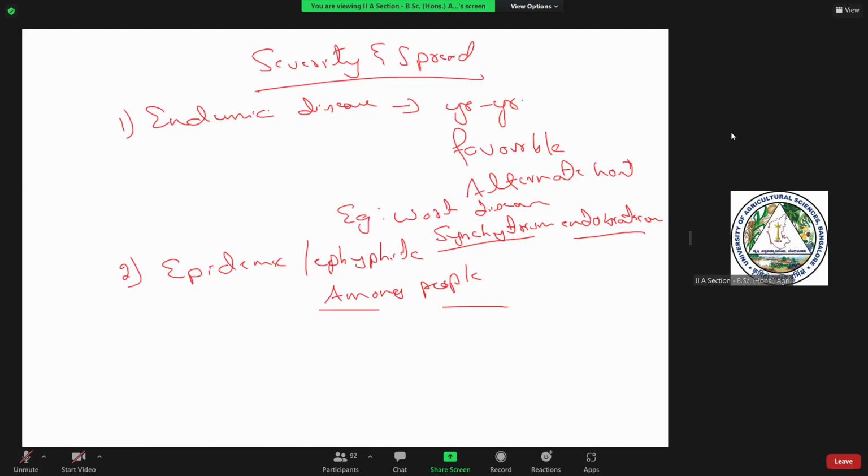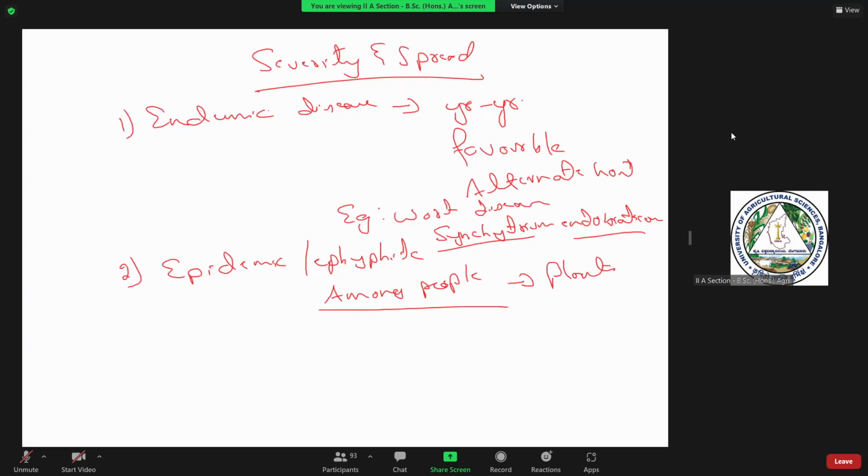And the same thing is carried over to plants: epidemic or epiphytotic disease.